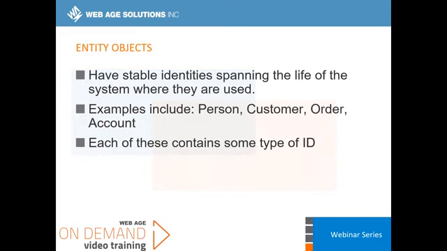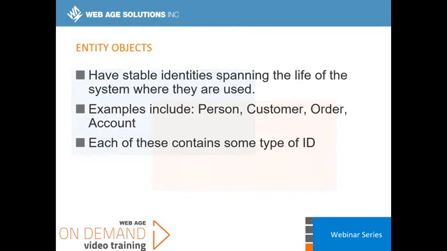So entity objects are things that are relatively long-lived and have, as it says here, stable identities. If I have a person or a customer or an order, all of those things have fairly stable identities and fairly stable lifetimes. One of the things that I know about each one of these things is that they have to contain some kind of ID, something that keeps them identifiable from the other.